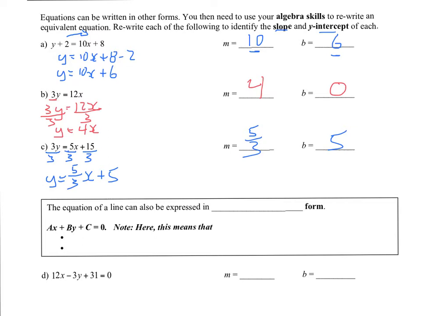Now, the equation of a line can also be expressed in what we call standard form. In standard form, it looks like ax plus by plus c is equal to 0.